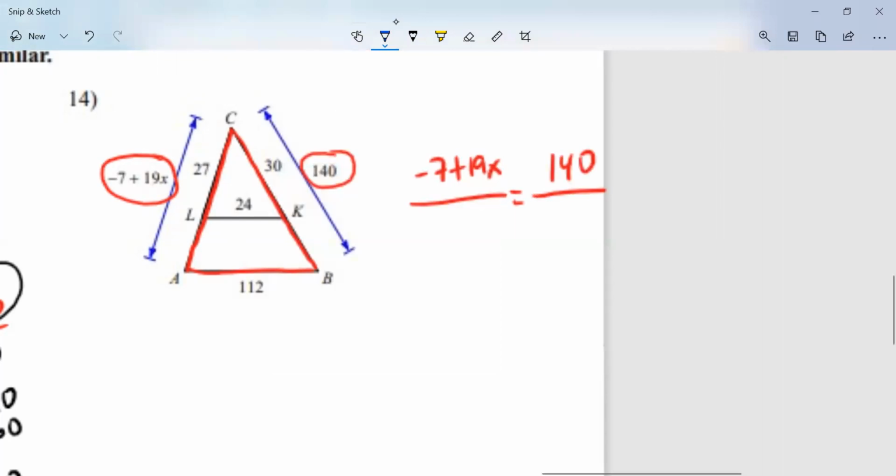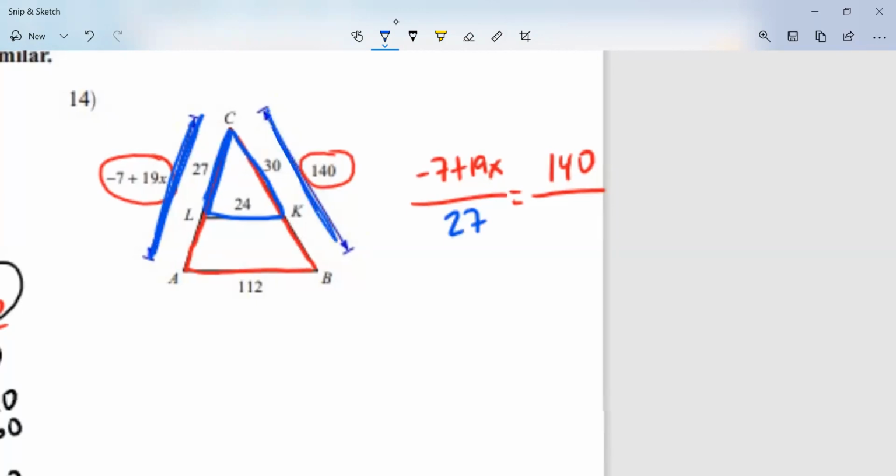There is a smaller triangle. Let me highlight this in blue. I have the numbers 27, 24, and 30. I'm going to use the corresponding sides. So negative 7 plus 19x is this side. So that goes with 27. 140, which is this whole side, that goes with 30.